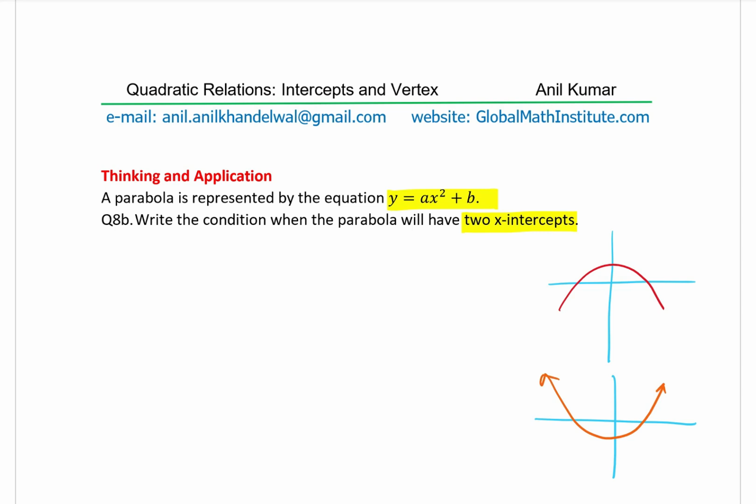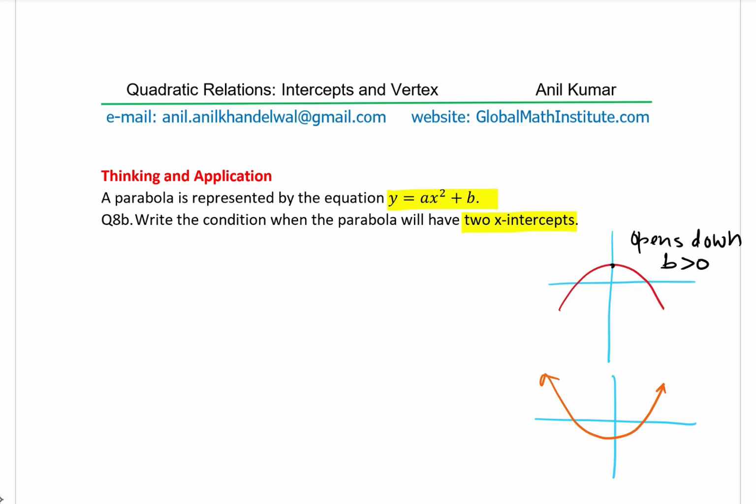So in these cases, we have two x-intercepts. Now what do you observe here? This first one opens down. And look at the y-intercept. Y-intercept is positive. So b is greater than 0.